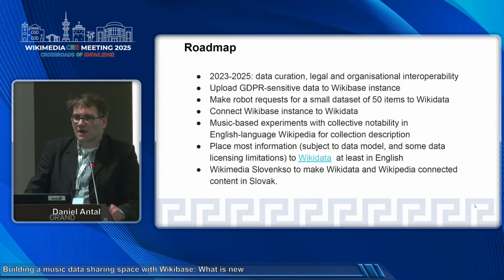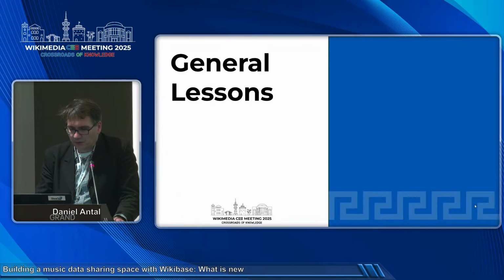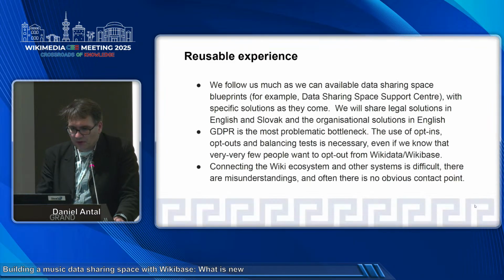You would like to generate descriptions, not necessarily by hand, saying that this is a sonata in B flat by Jan Lavoslav Vela. So we also experimented with these things, and I think we will be able to pass on this knowledge.